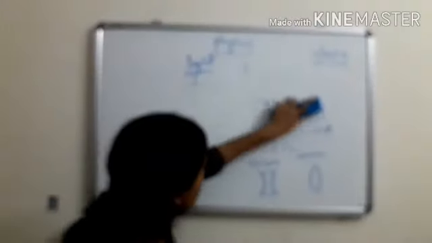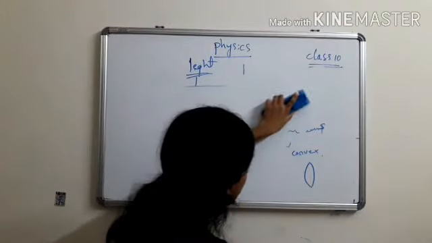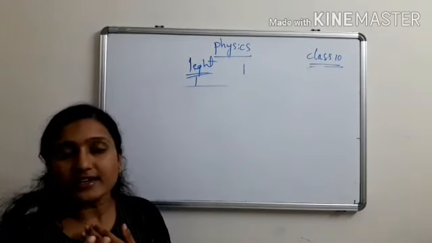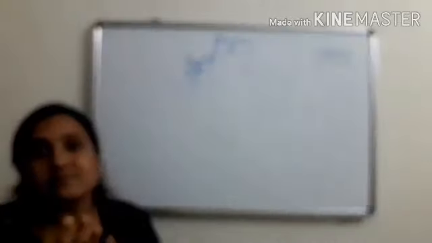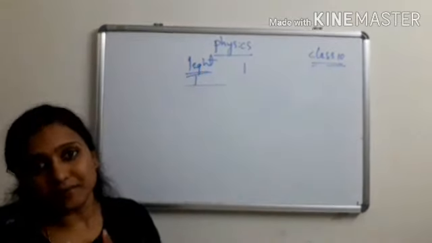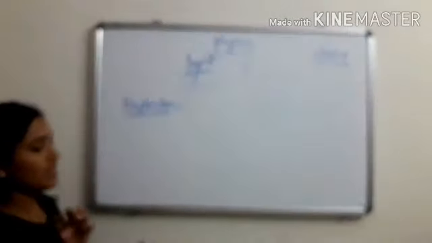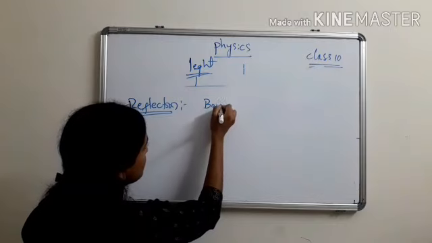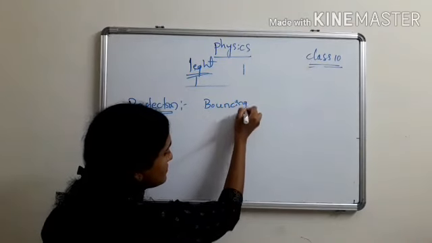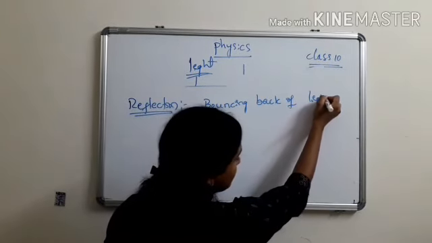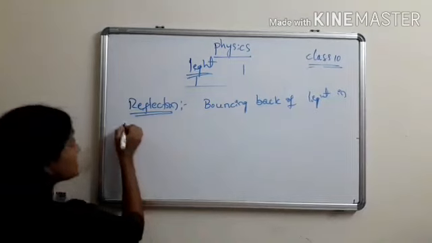Let's first look at the meaning of reflection. Bouncing back of light on the surface of a spherical mirror. Reflection means, make a note, how we can give the definition for reflection: bouncing back of light in the same medium.